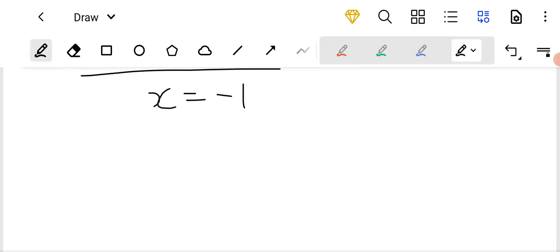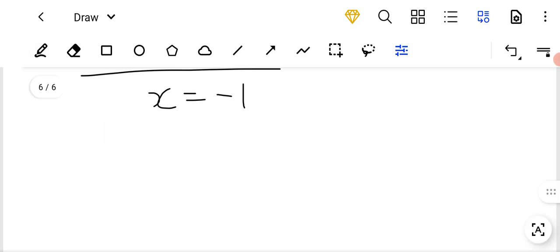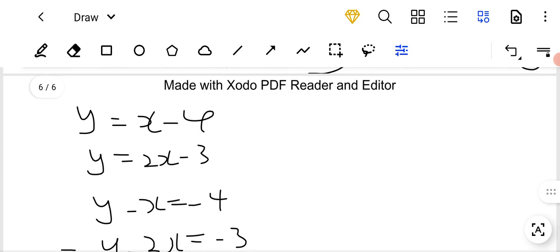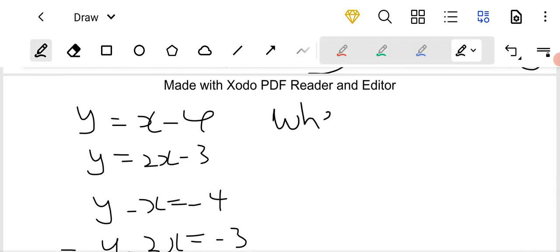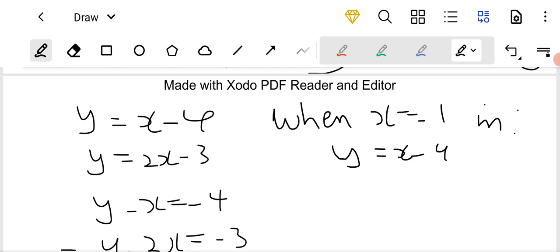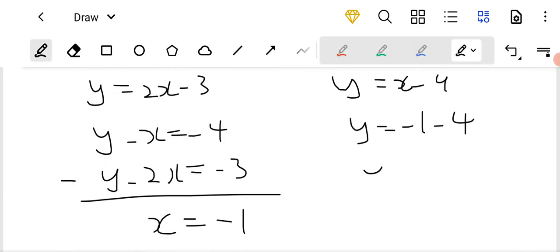I'm going to go this side. We're trying to maximize space, so we'll say when x is equal to negative 1 in y is equal to x minus 4, so y is equal to negative 1 minus 4. y is equal to negative 5, like that.